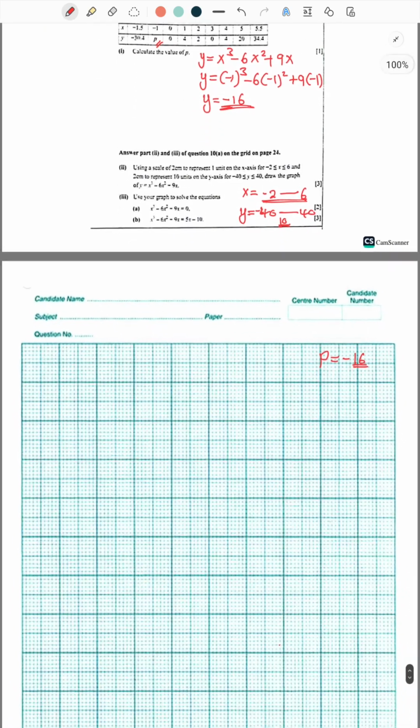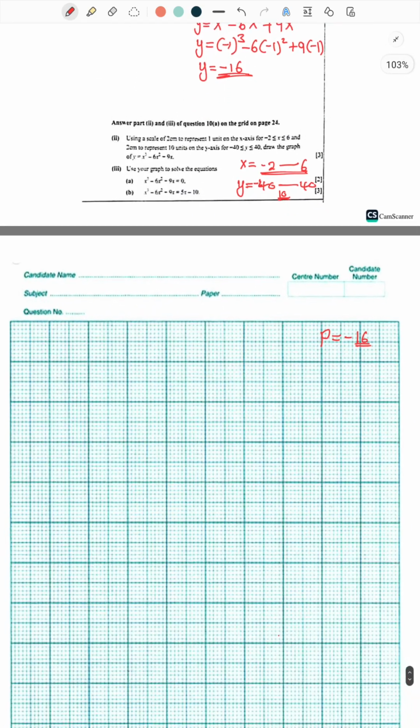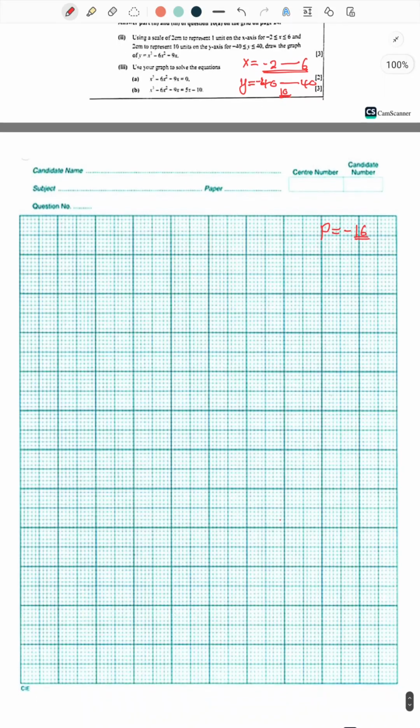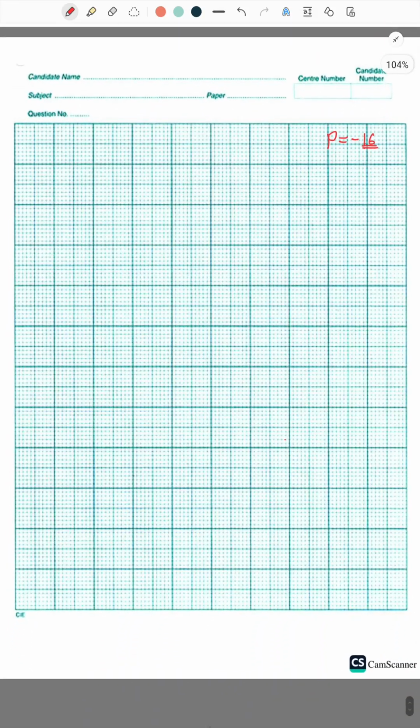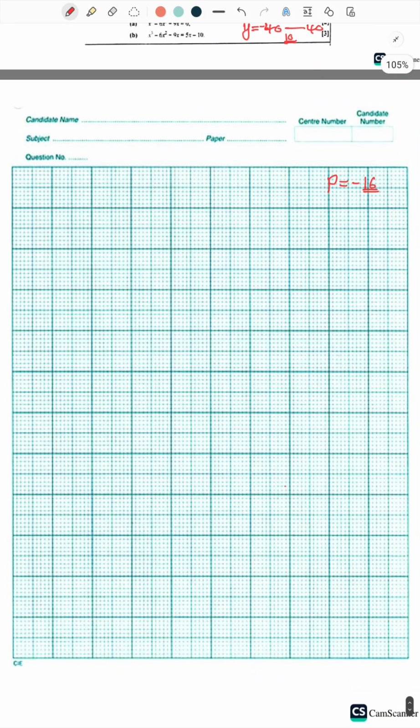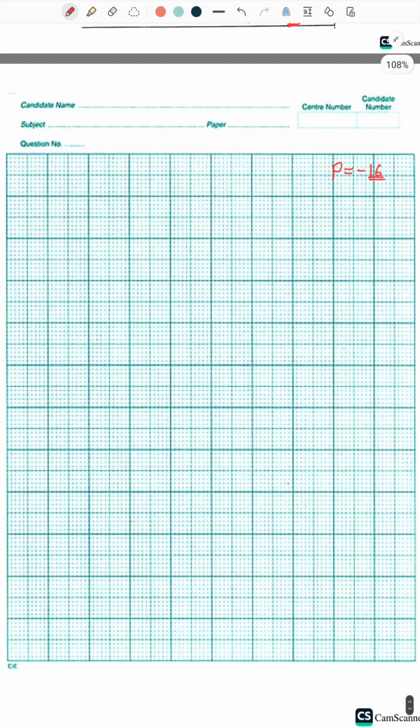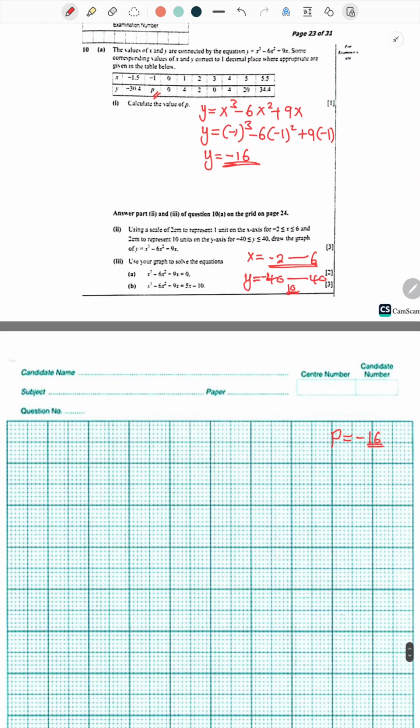We are going to go to our graph. Okay, this is our graph. Now, we are going to look at the scale that has been given.